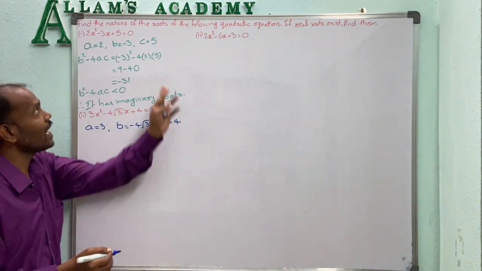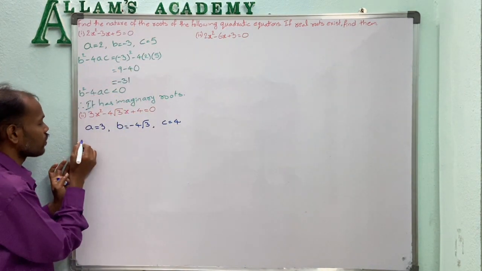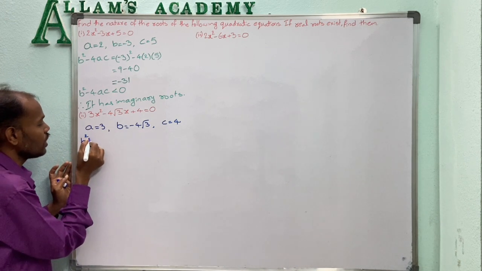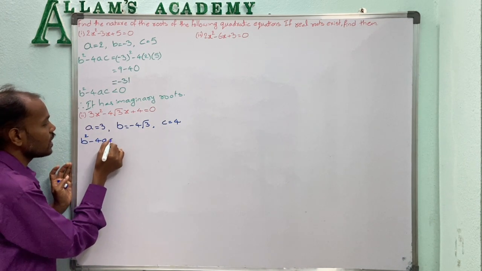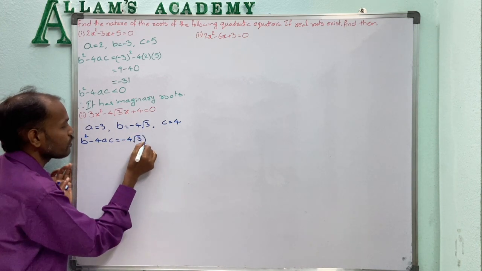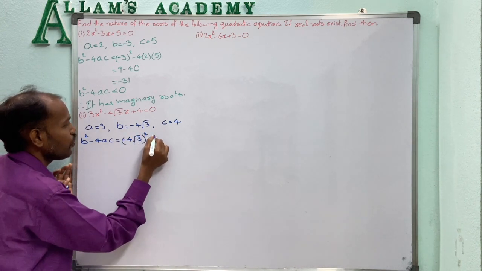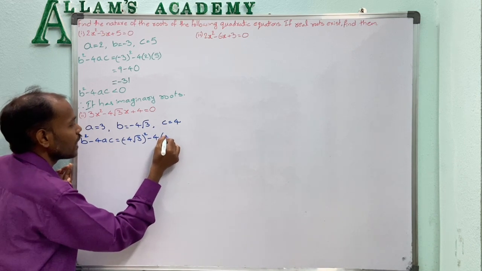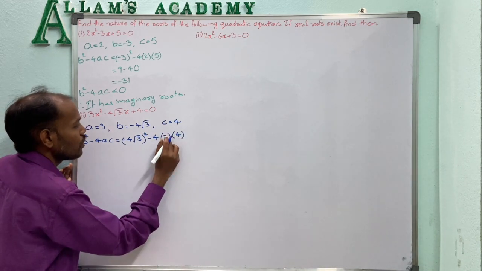Now finding the nature of the roots, so we have to find b square minus 4ac. Now b square minus 4ac is equal to minus 4 root 3 whole square minus 4ac, with a equal to 3, c equal to 4.